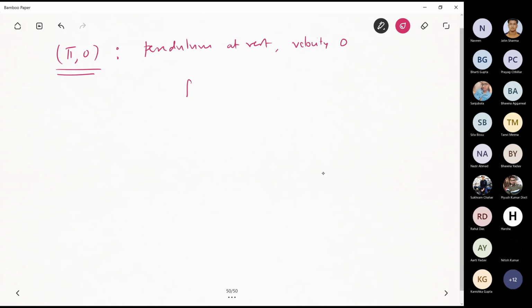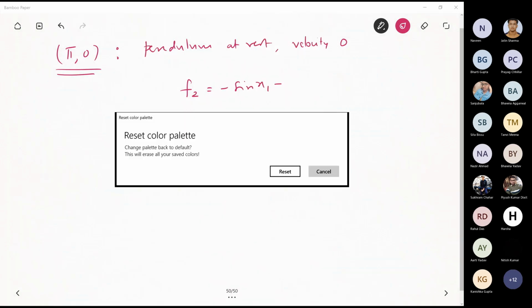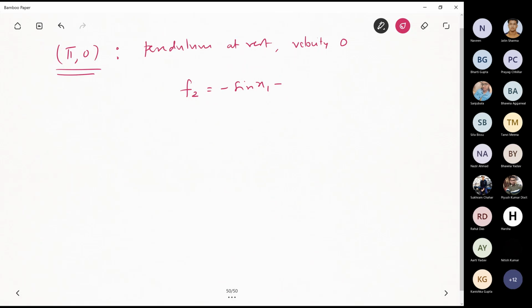So we saw that f2 is nothing but minus sine x1 minus b x2. When you write the partial derivatives, dou f2 by dou x1 is minus cos x1, and dou f2 by dou x2 is minus b. So this is going to be 1 at pi, and this is going to be minus b.